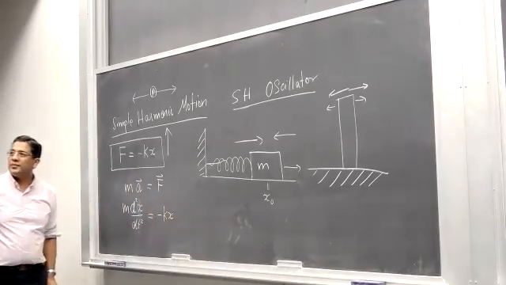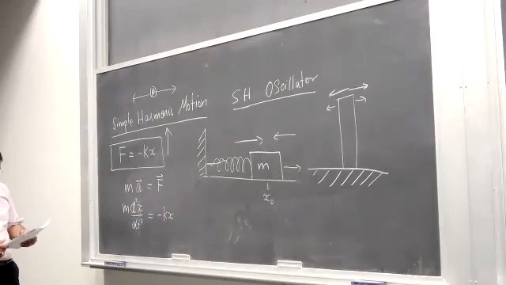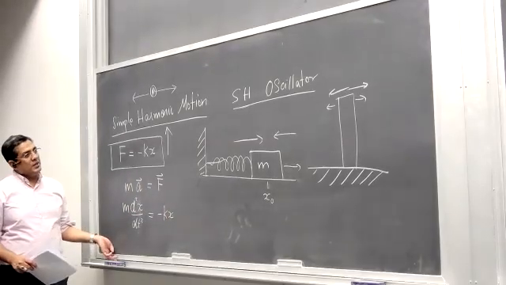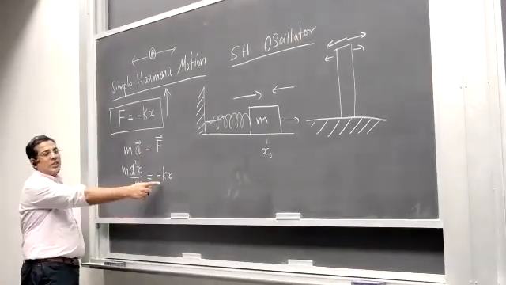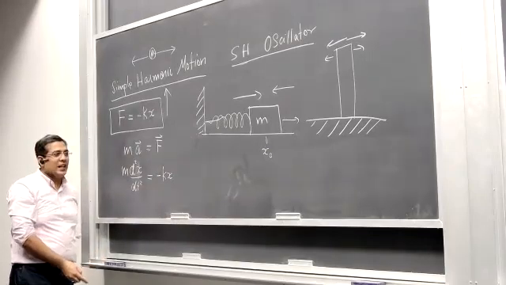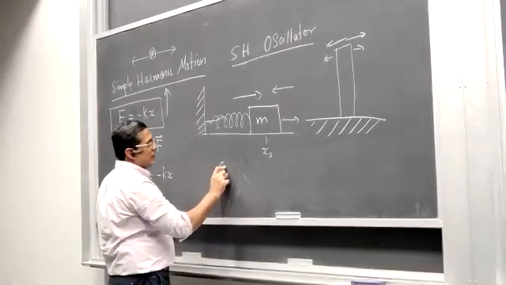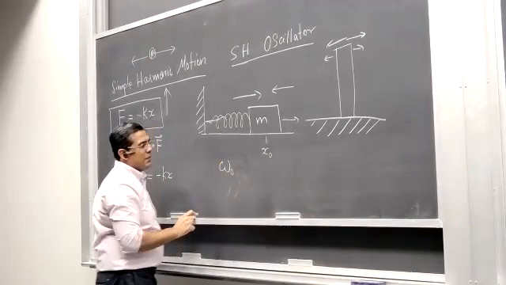Minus kx. So let me rewrite this. Let's take this m on the other side, and then introduce a new variable, which we will see what it means.